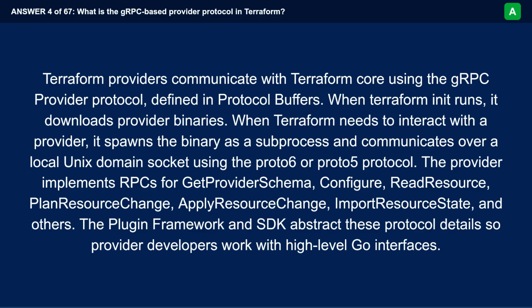The provider implements RPCs for get provider schema, configure, read resource, plan resource change, apply resource change, import resource state, and others. The plugin framework and SDK abstract these protocol details, so provider developers work with high-level Go interfaces.